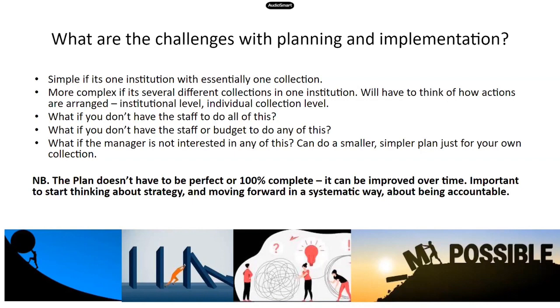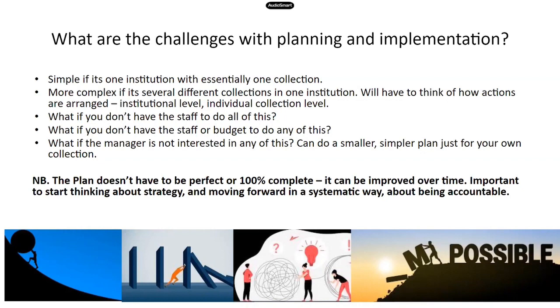But what do you do if there's two people who manage and run and curate the whole collection? What are you going to do then? What if you don't have staff or budgets to do any kind of planning? I think in either of those cases, you can still do a simple plan. Think about, okay, it's only me, but where do I want to go in 5 years?